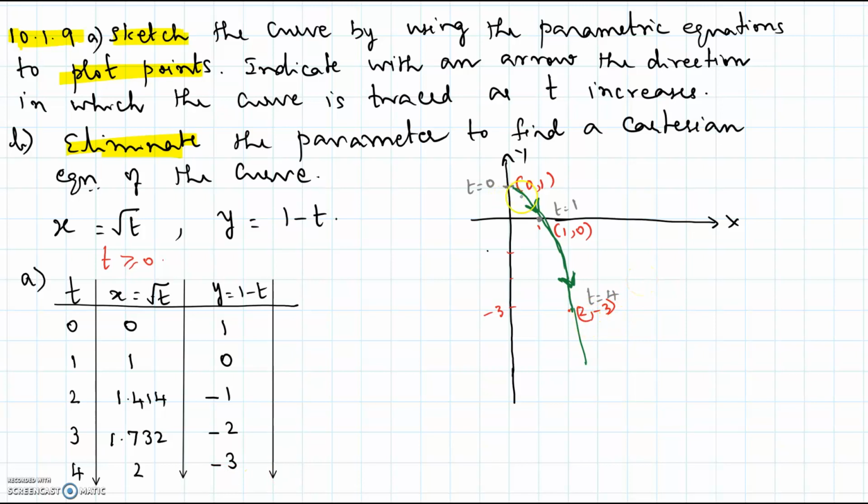So the arrow is shown starting from t equal to 0 in the direction of increasing t. The arrow is important in a parametric graph. The parametric graph not only tells where the points are, it also tells when the particle attains that position. So that is the difference between a Cartesian curve and a parametric curve.